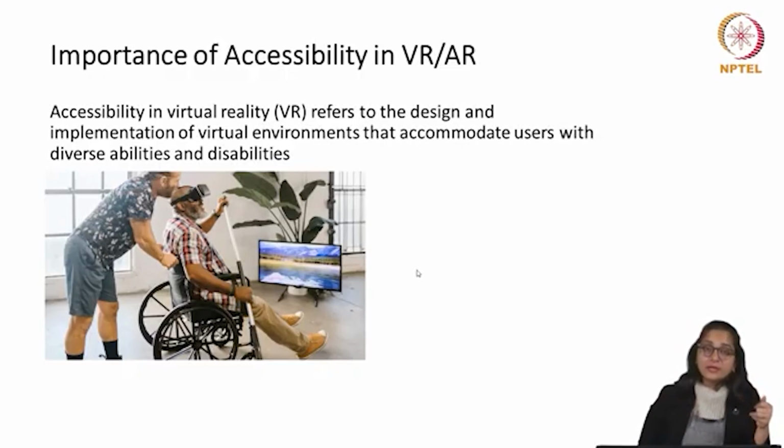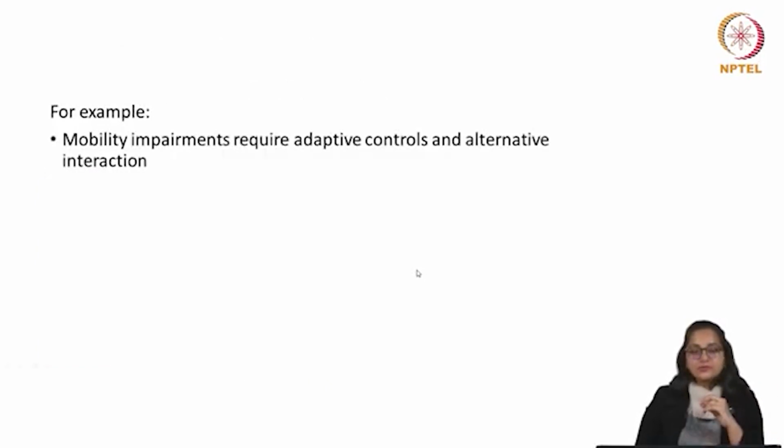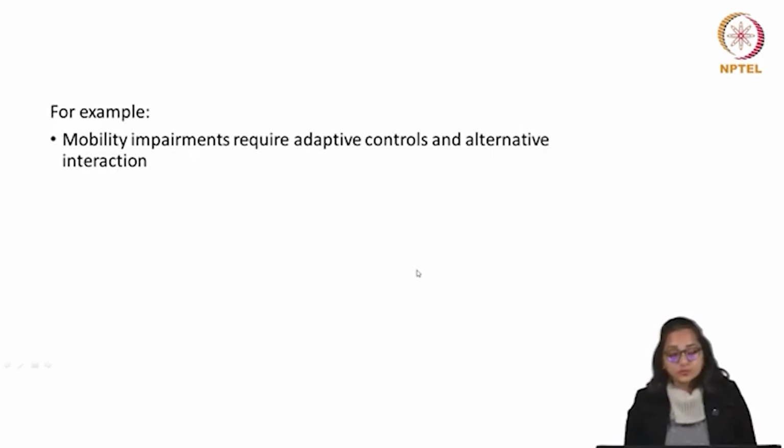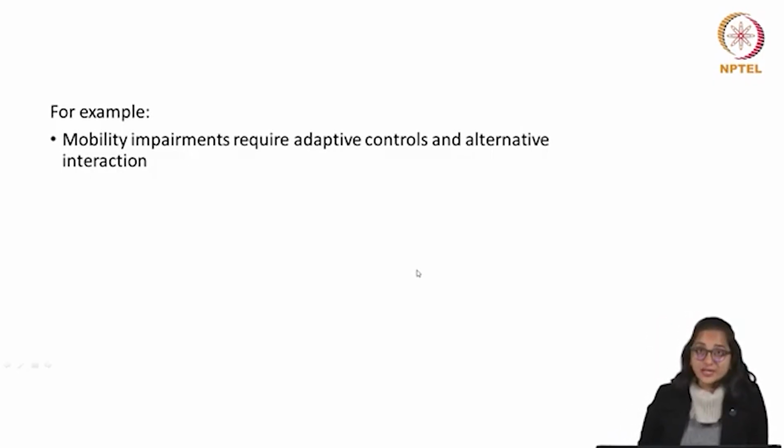So the virtual environment itself should have various design aspects so that more and more people can experience it. For example, for mobility impairments, you may require adaptive controls and alternative interaction modes.